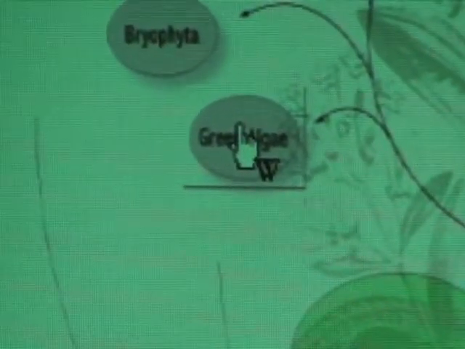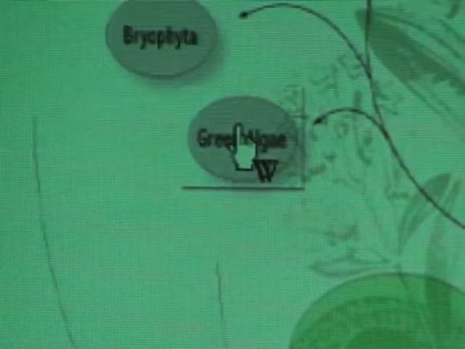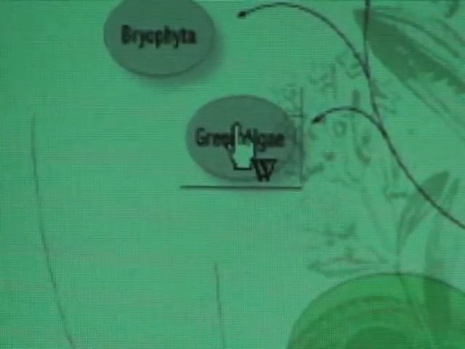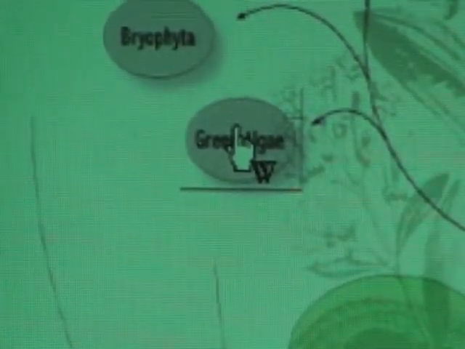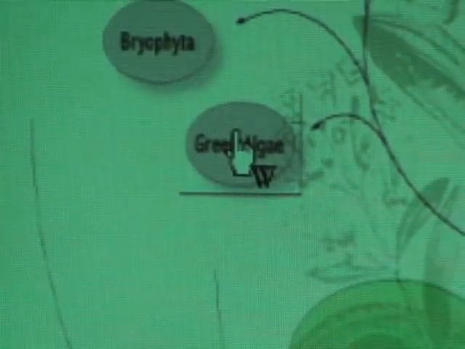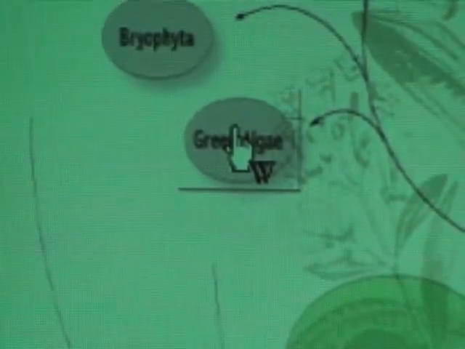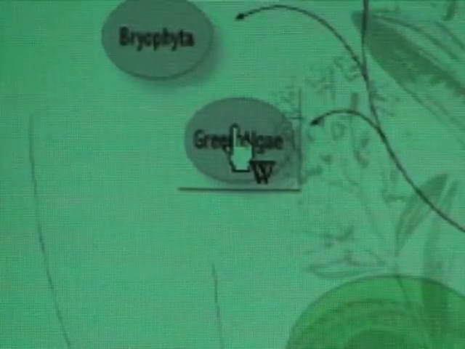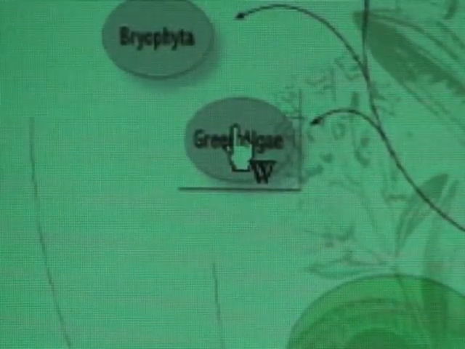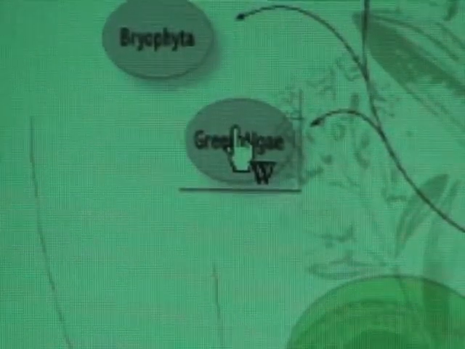Therefore, I can't limit any type of analysis to this particular grouping. The W, however, tells me that if I click on green algae, it will then take me to a Wikipedia search and show me all the information about green algae in the Wikipedia website.